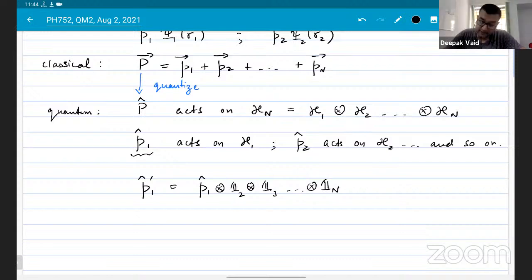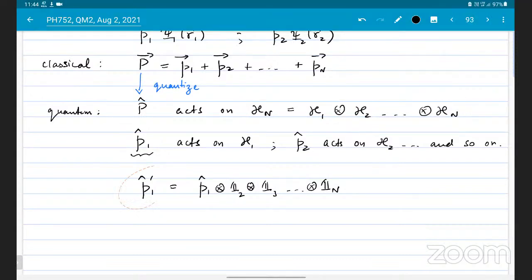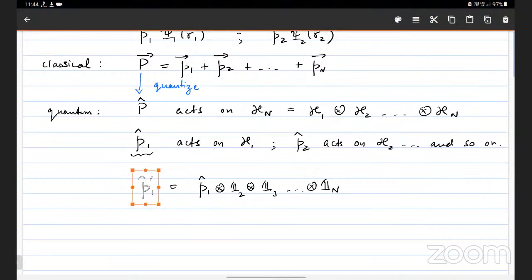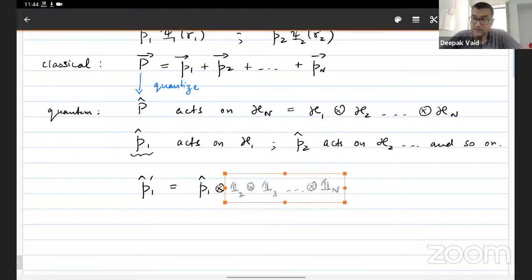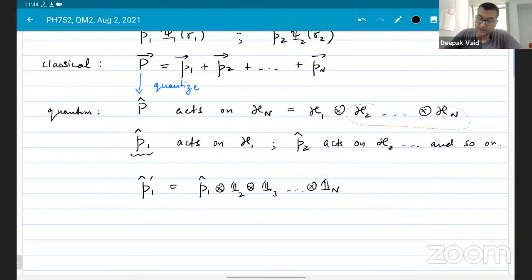So when I act on this n particle state with P1 prime, what will it do? For all of the factors within this n particle Hilbert space, H2 to Hn, it will not do anything, right?